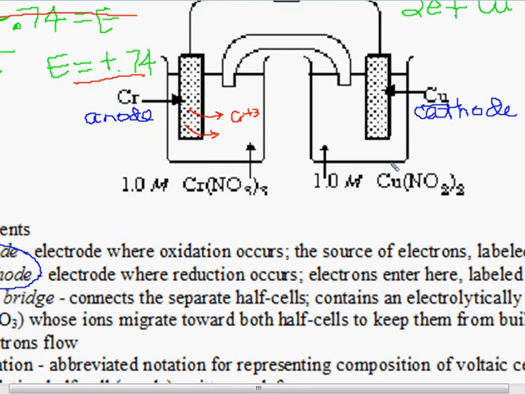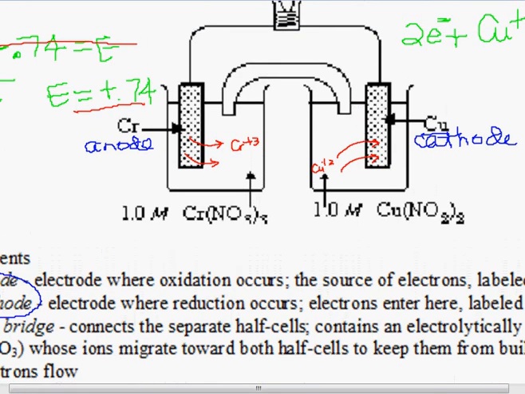Since the copper ions were turning into copper solid, you're going to end up seeing that these copper ions from the solution turn into the copper solid itself. And so that is going to end up getting thicker. All right, so a decrease in size of the chromium metal, but an increase in size of the copper metal.